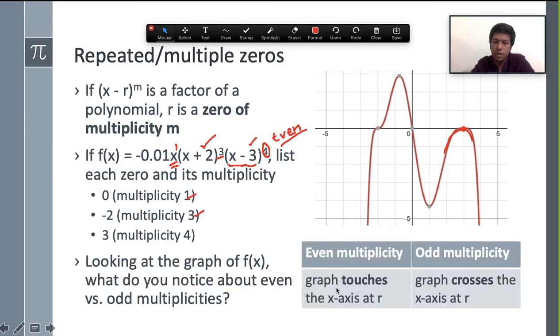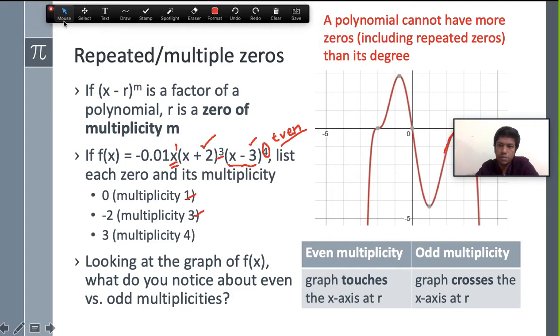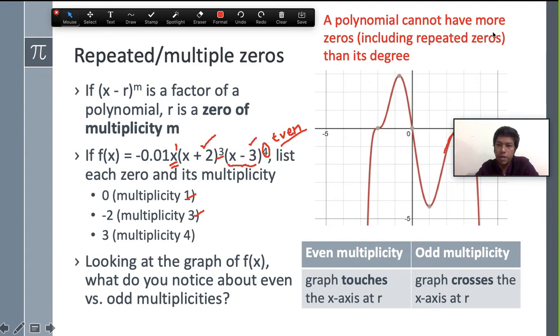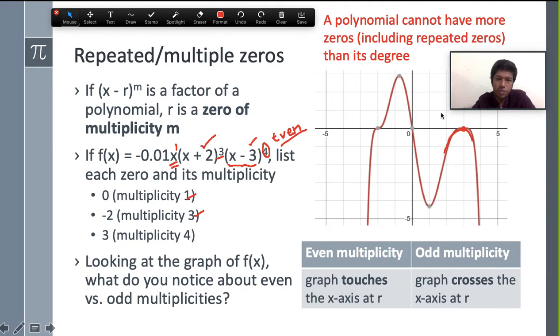So it is written here: even, touch; odd, cross. This is another theorem. A polynomial cannot have more zeros, including repeated zeros, than its degree. Suppose we have f(x) equals x square minus x minus 6.